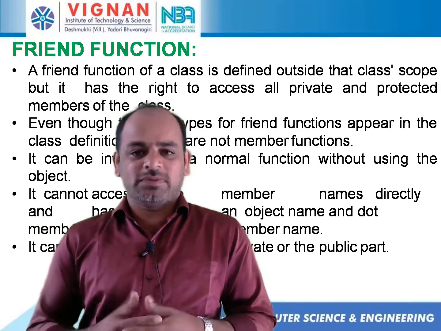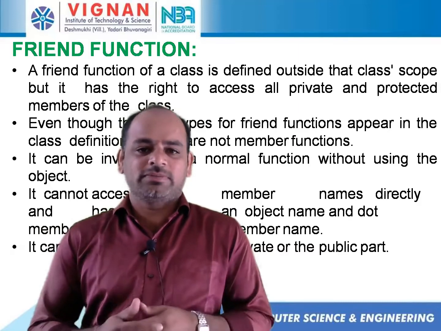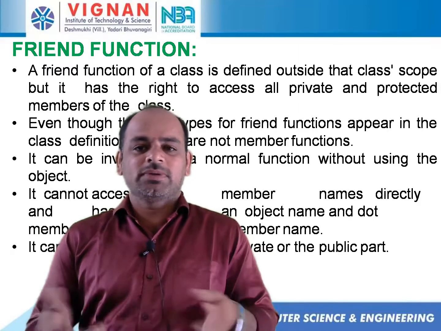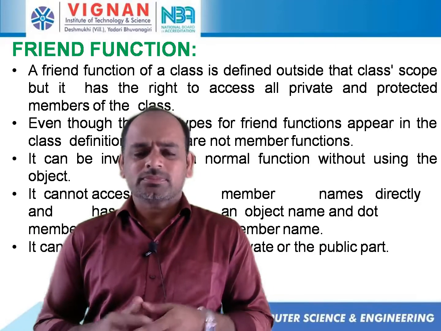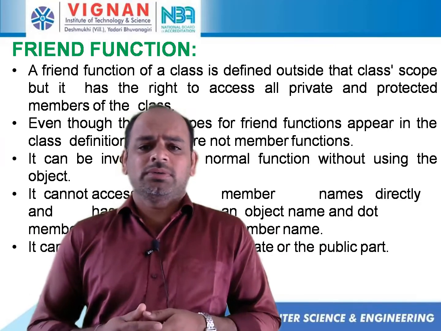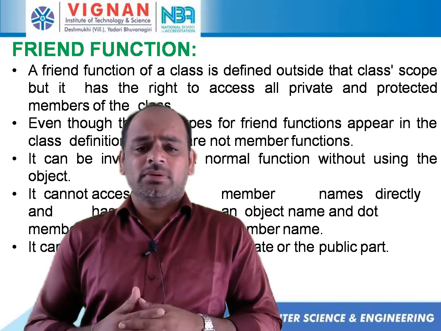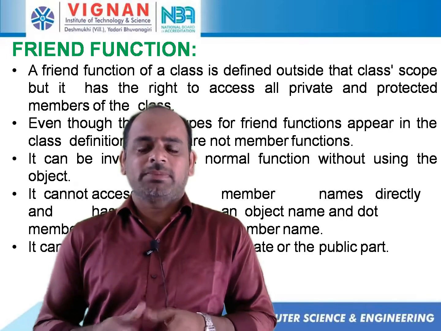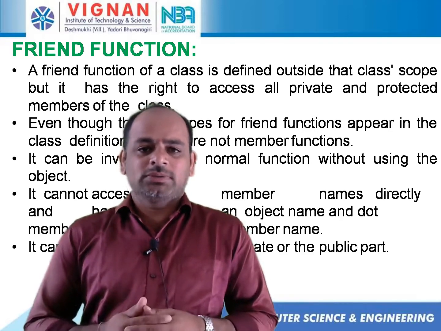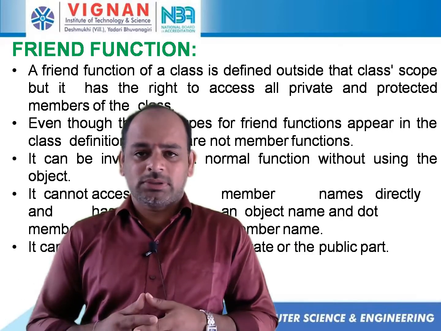So what is the use of the friend function? What is the importance of the friend function? Then why do we have to go for the friend function? Already we have discussed it. We have the access specifiers like public, private, protected. So what is private, right?